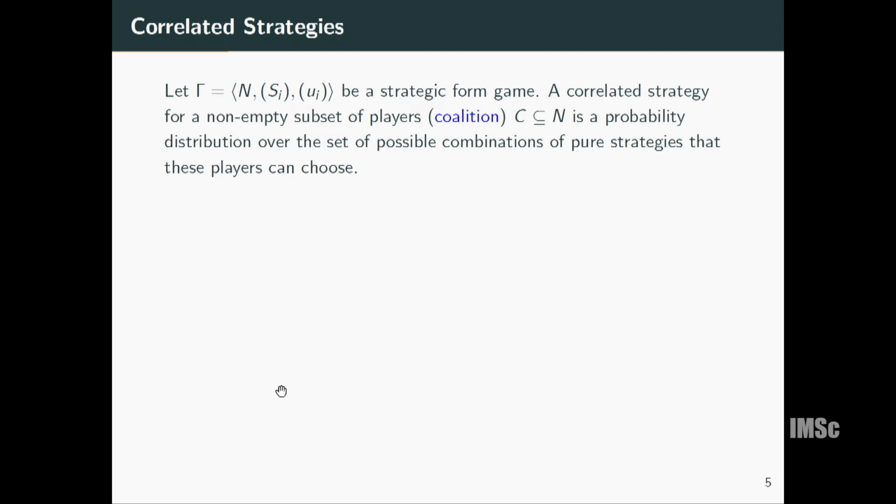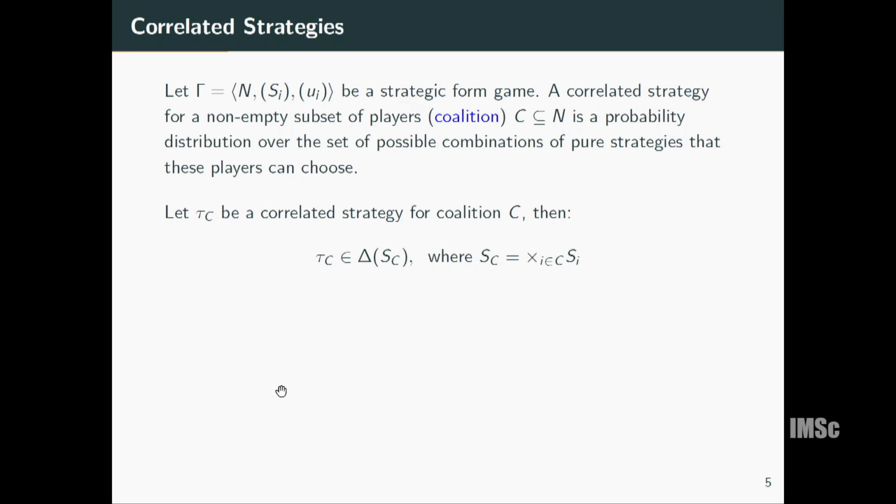In the prisoner's dilemma, we had the coalition of players 1 and 2. Now how do I define the correlated strategy? A correlated strategy is nothing but a probability distribution over the strategy profiles of the players in the coalition.